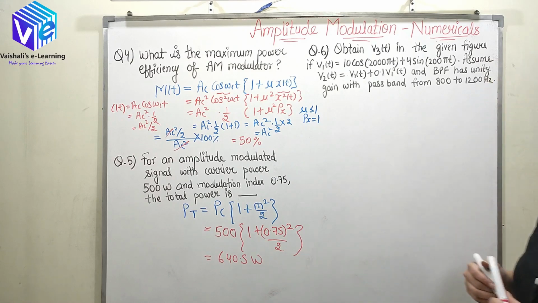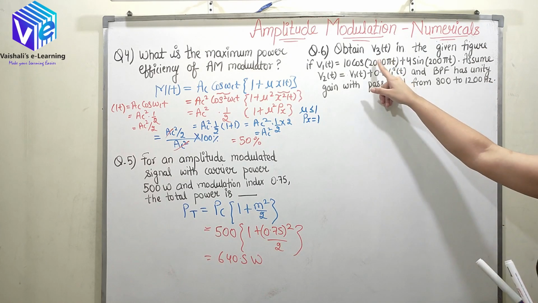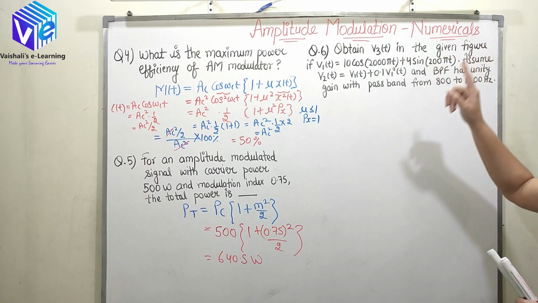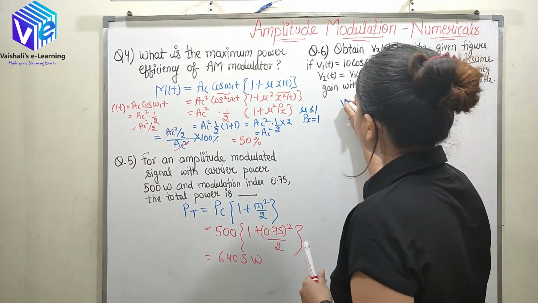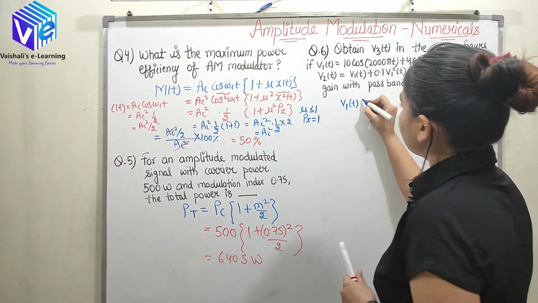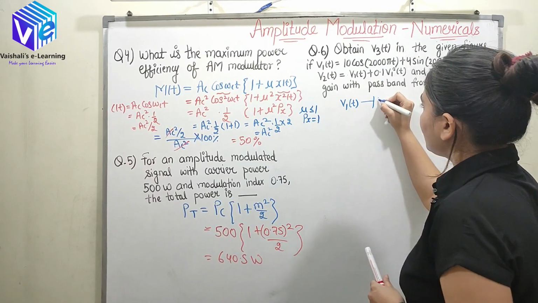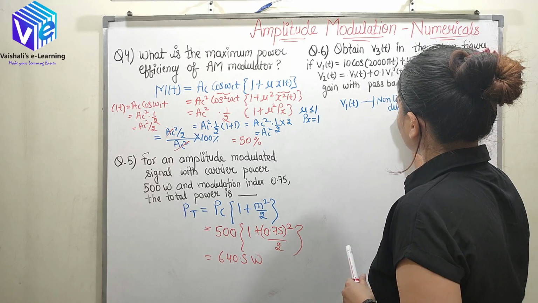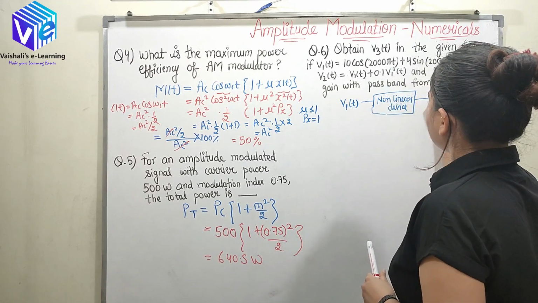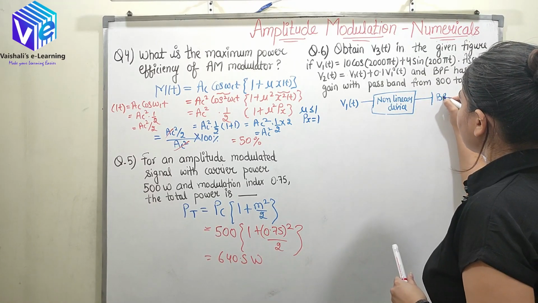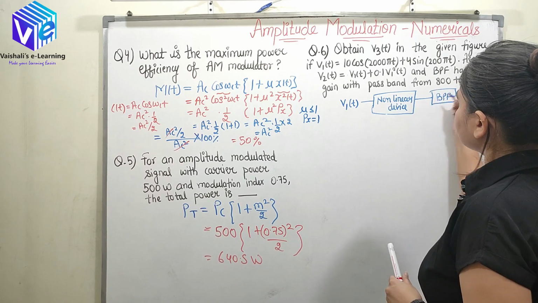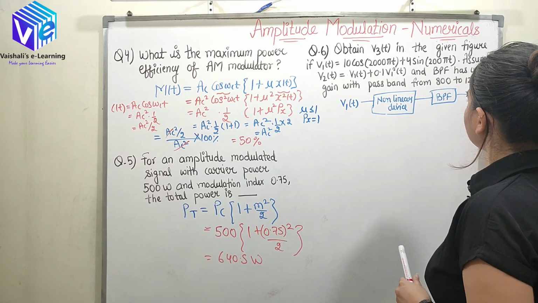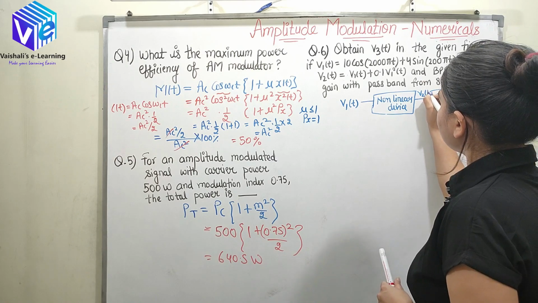Now coming to the next question, it states: obtain V3(t) in the given figure. So the figure is, here I have V1(t), it is passed to the non-linear device, then it is passed to the band pass filter, and here I will be getting V3(t). This is my V2(t).